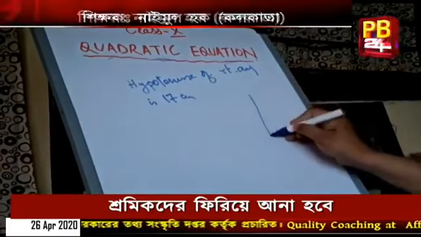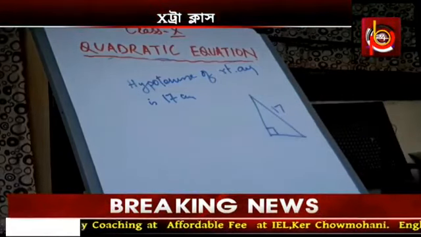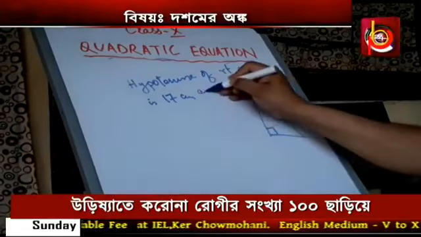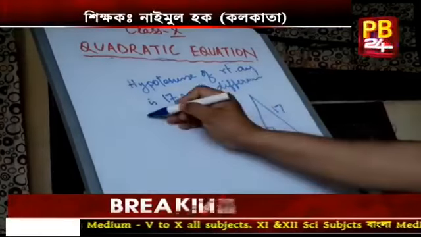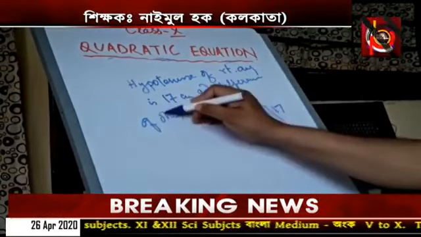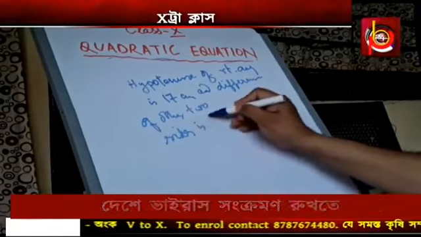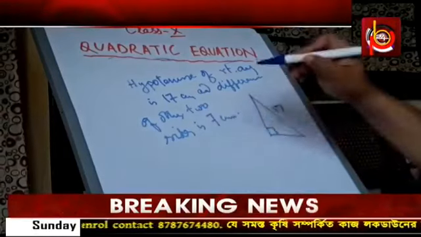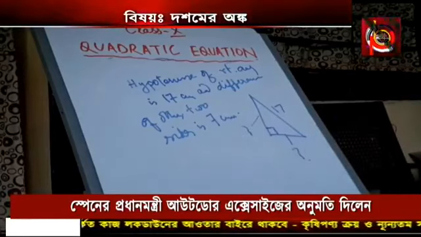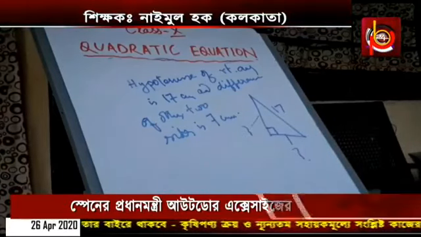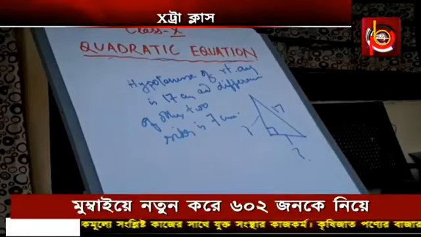Hypotenuse means this is 17, and the difference of the other two sides is 7 centimeter. So we have to find this side and obviously this side. So this is one application of this chapter.